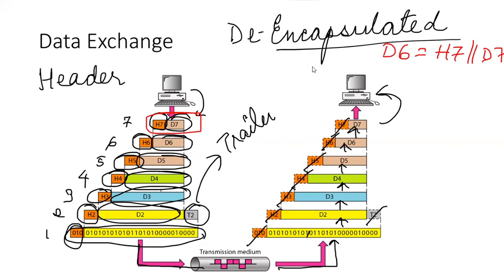All right. So you can see that there is a lot of additional data which is added. Your initial data was only D7, but with that, you have all this additional information: H7, H6, H5, H4, H3, H2, T2, and then this additional sequence of bits which was added at the physical layer.